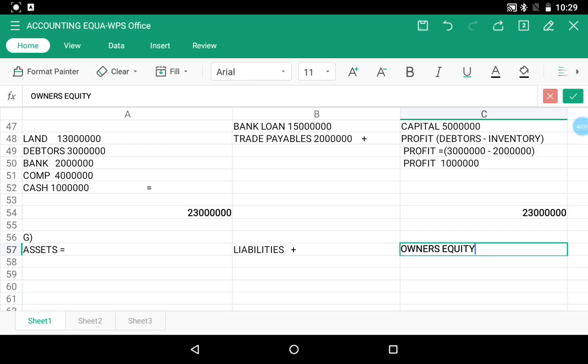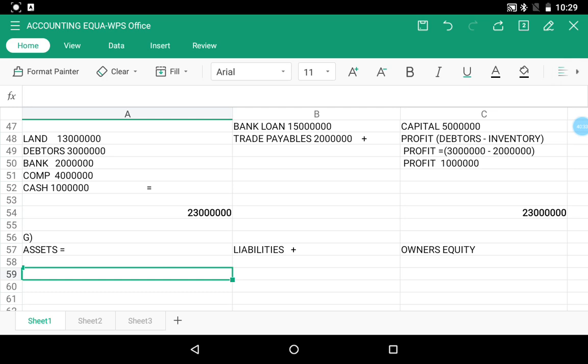So here, when you check, we still have our land worth 13 million. We still have our debtors because we have not yet received money from the things we sold, so we still have them.